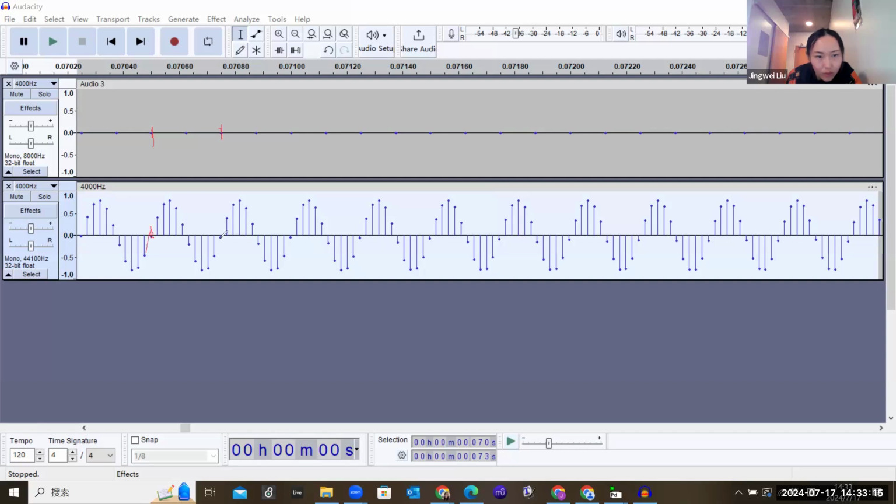So these two tracks have the same period, the same frequency, because we chose the same frequency, 4,000 hertz. But because this track doesn't have enough sampling points, it can only generate 2 points per cycle. But here it has like 1, 2, 3, 4, 5, 6, 7, 8, 9, 10, 11, 12 points. So this is sampling rate. I hope this should be somehow clearer for you.